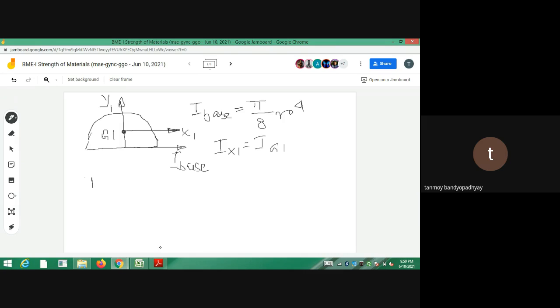So what will be I base? I base will be equal to IG1.